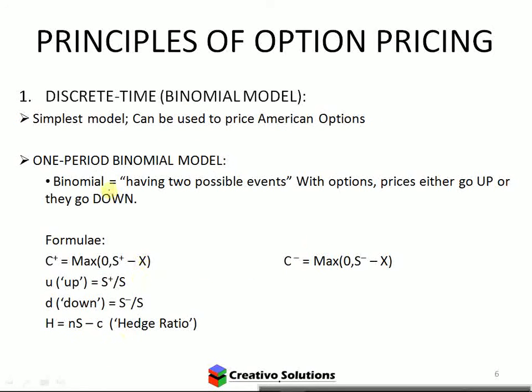Okay, so let's look at the first, the discrete method. If something is discrete, continuous would be time. Time is continuous, or let's say continuous data, like height, where there's a range of values.